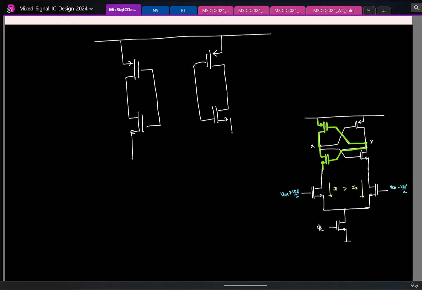Now look at this. The output of the right side CMOS inverter is connected to the input of the left side CMOS inverter. Similarly, it should not take an expert to figure out the other connection. It should be obvious. And then I have the rest of the circuit as before.